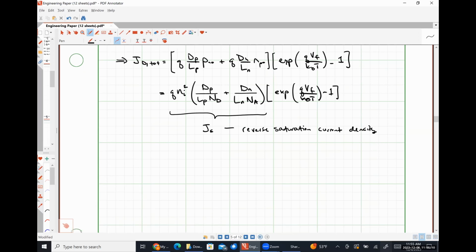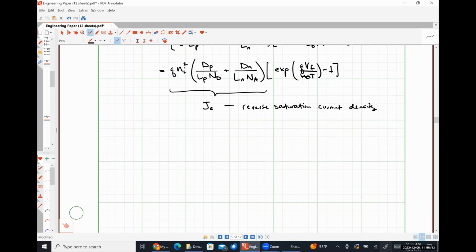So I wanted to talk about plotting these diffusion current densities. I'm going to do that really quickly.